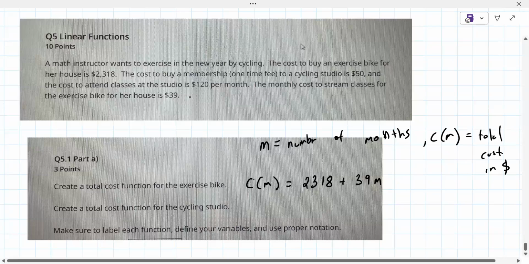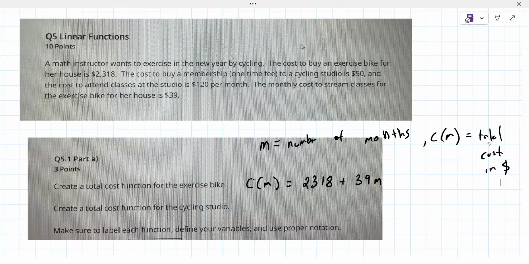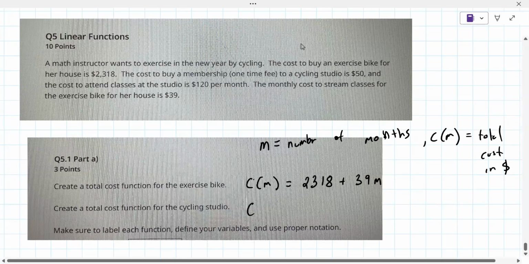And you should be seeing a trend here. Typically time is the input, dollars is the output. Okay. Will you try writing the cost function for the studio for us, please?